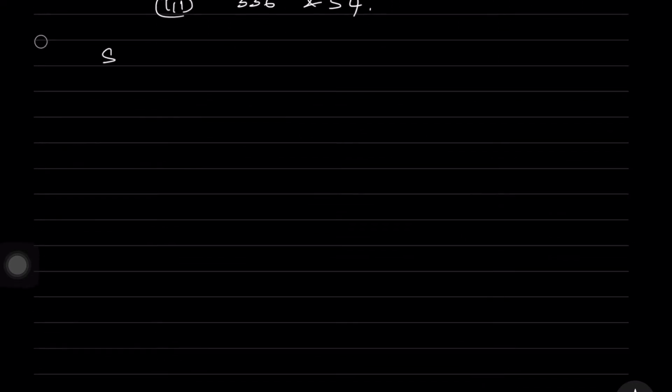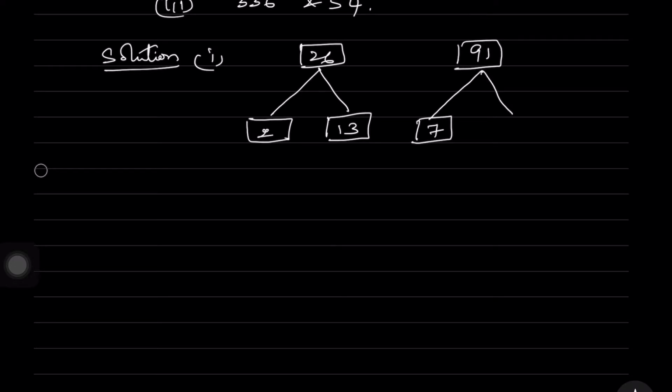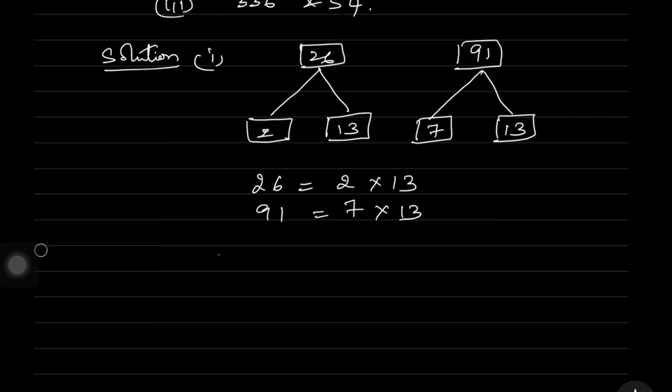How do we find the solution for the first one? We factorize 26 and then 91. 26 can be written as 2 into 13, and 91 can be written as 7 into 13. Now the LCM of 26 and 91 is whichever factors are common in both, we take them once.